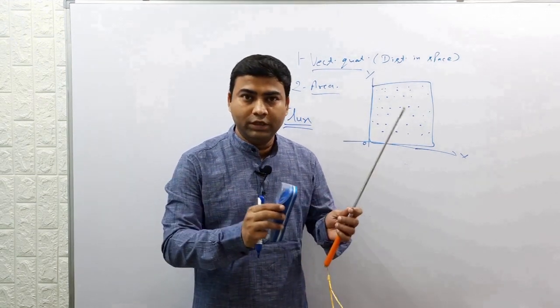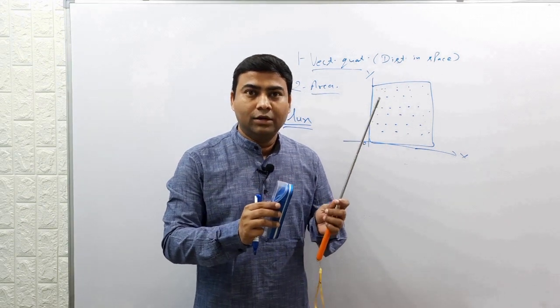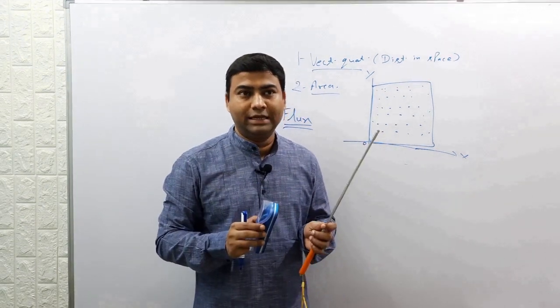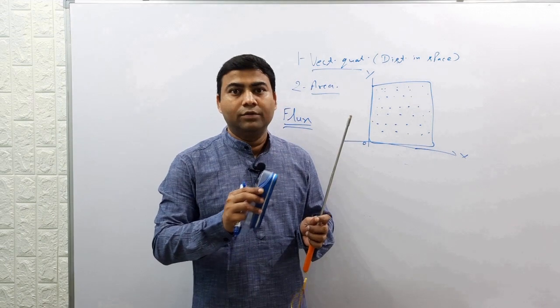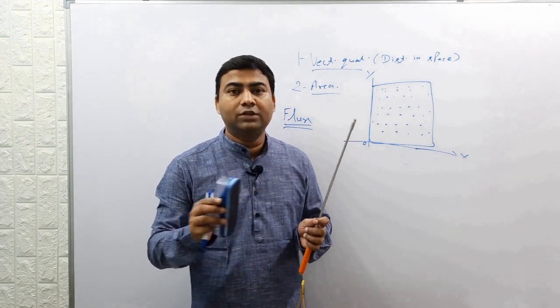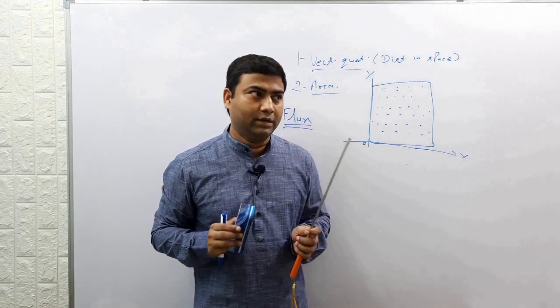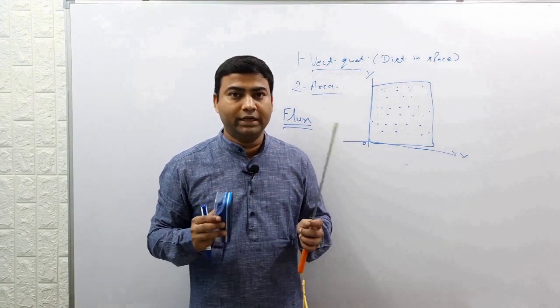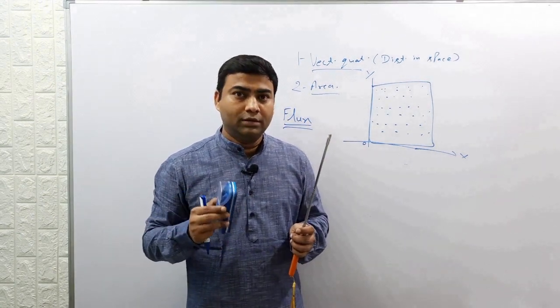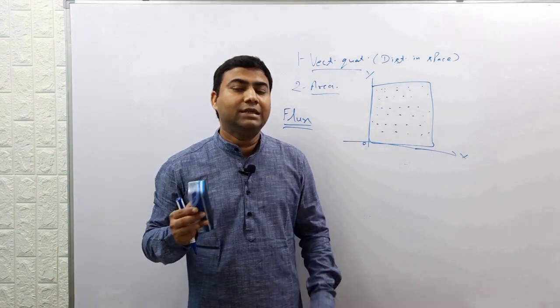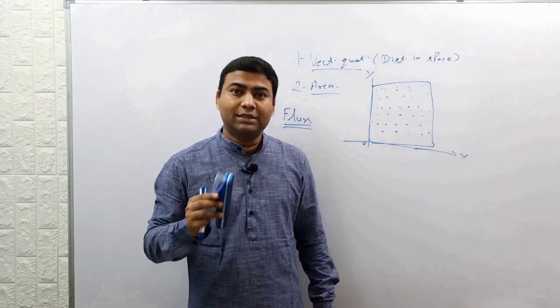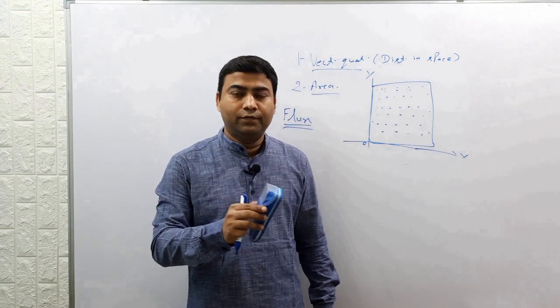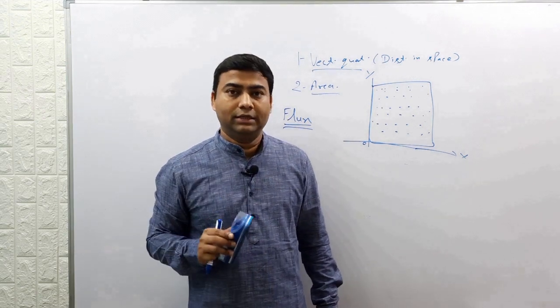So the quantity of flowing fluid, that is flow in liter per second or meter cube per second, whatever unit you take. The flow of fluid is nothing but a flux of fluid flowing through an area.